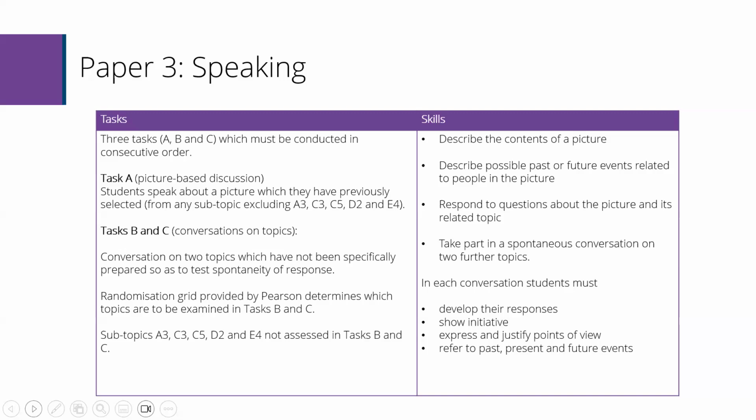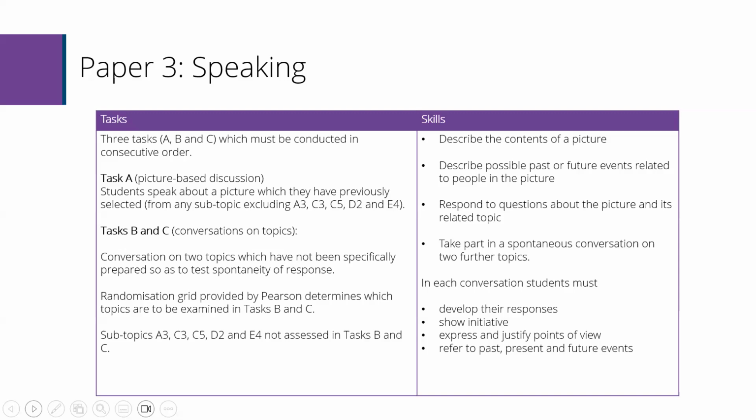So they talk about the picture, and then task B and task C are conversations on topics. So it's a conversation on 2 topics which have not been specifically prepared, so that we can get some spontaneous response. We expect that students will have prepared and done lots of learning.